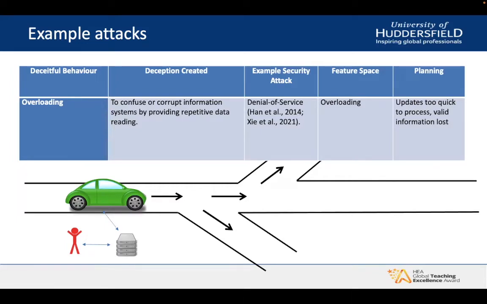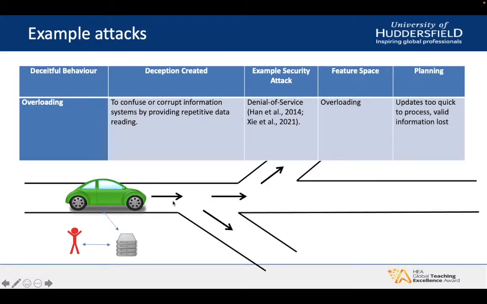Overloading. This is where the adversary would want to overload the system to make it very difficult for it to plan the correct choice. An example you're all familiar with is denial of service, where we overload a system by providing too much data too quickly, which means it's probably unable to plan using it because the updates are coming too fast.